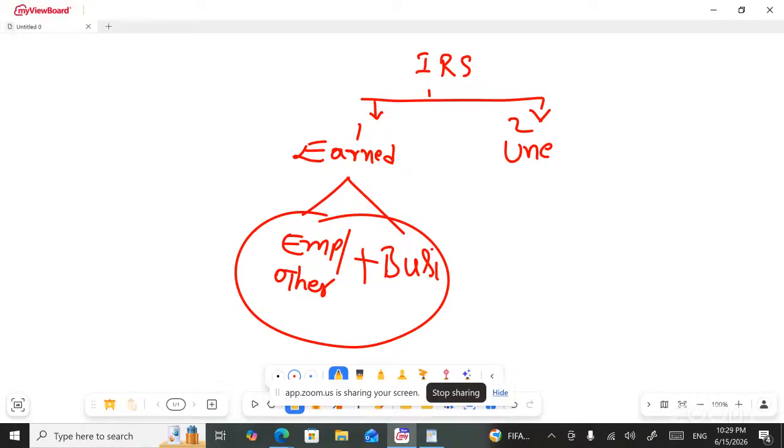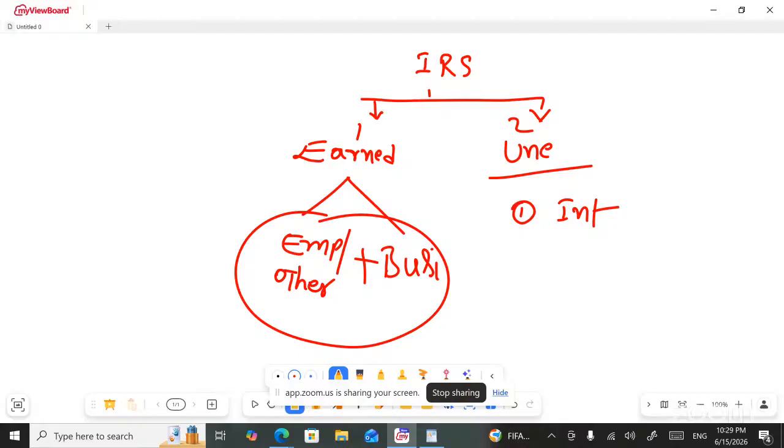All other incomes are unearned income. In those unearned incomes, personal involvement and personal effort will not be there. Example, interest on deposits. We have $10 lakh simply deposited into the bank, and we are getting the interest income.